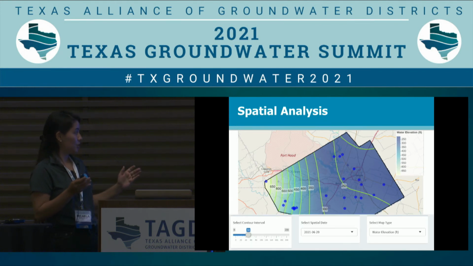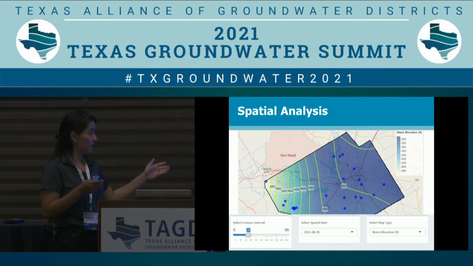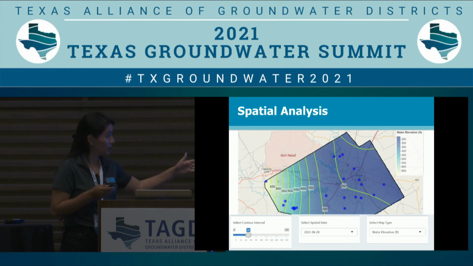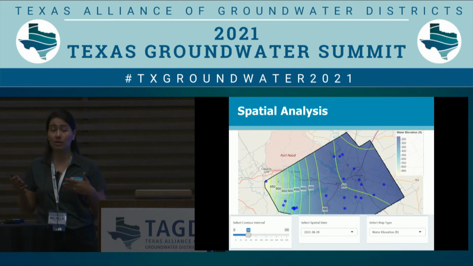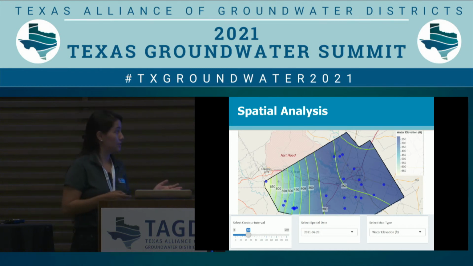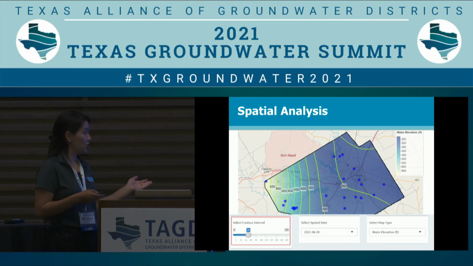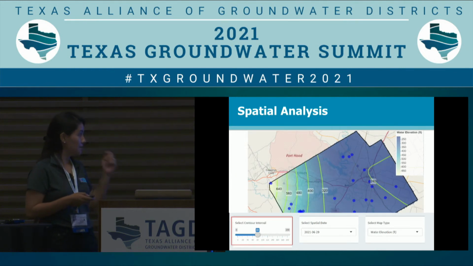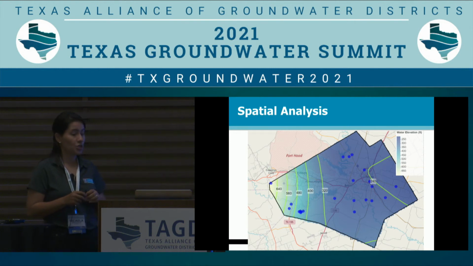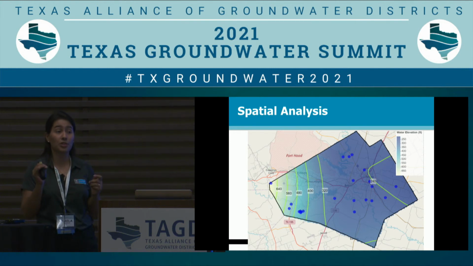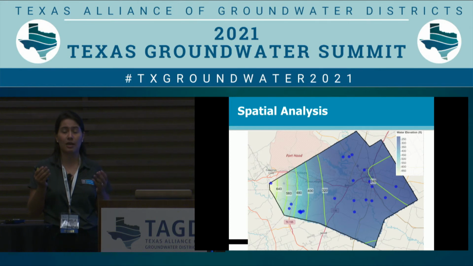And the user is able to control the contour interval, which year, which raster the user would like to see, as well as what map type, whether you want to map the water elevation, or sometimes it's useful to map the water levels. In this case, I'm going to change the contour interval from 50 to 80, and we see that my contour intervals have changed here.